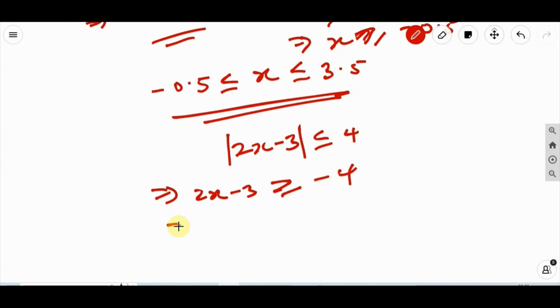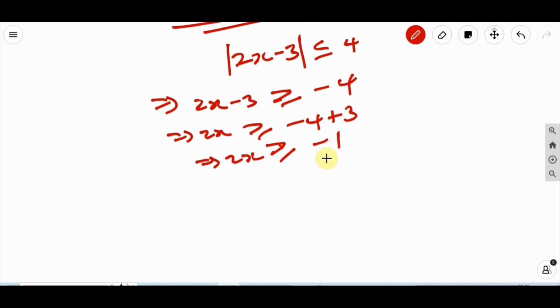So this is the same thing as 2x is greater than or equal to minus 4. I'll collect like terms. Minus 3 is going to move across to become plus 3. So this is going to be 2x is greater than or equal to minus 4 plus 3, which gives me minus 1, because you're subtracting the big from the small.